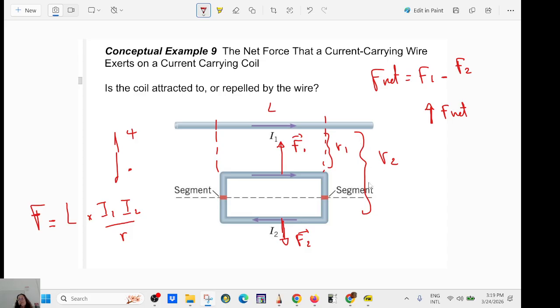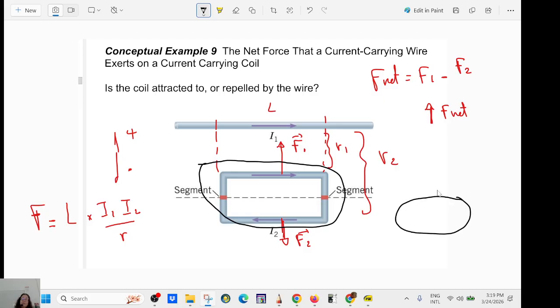So as you increase the distance, the force gets weaker. So this is the winner. And remember from physics 1, what's the system you are looking at? You are looking at this. So this is the system here. So the net force will be up. It's your black box.